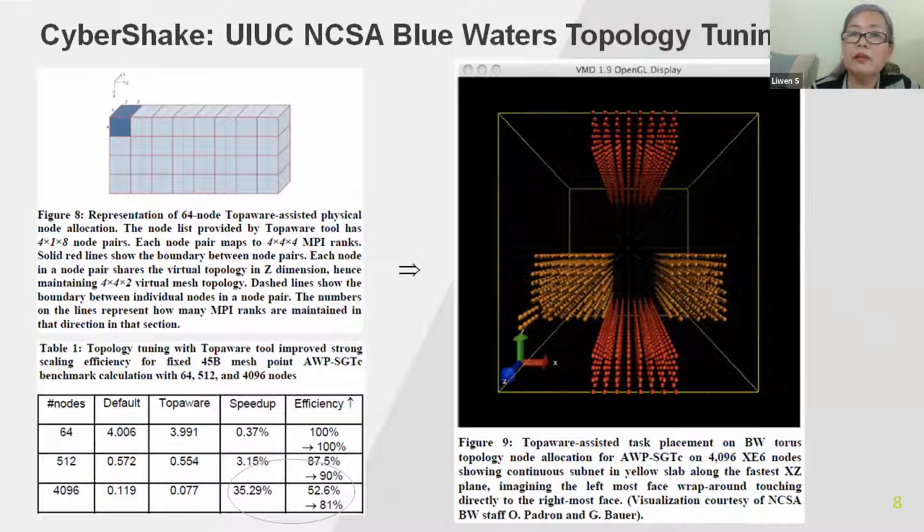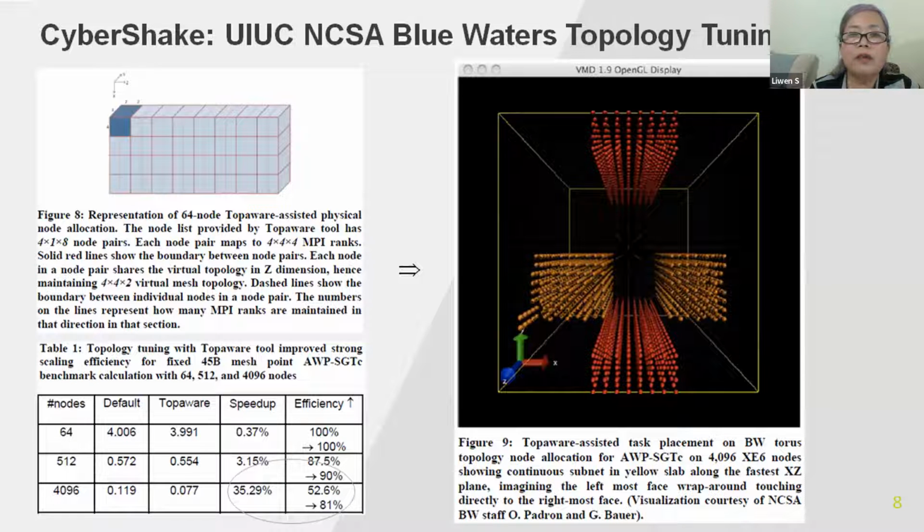In 2012 and 13, I was able to help this CyberShake code, and I was improving the performance for 1/3 of the computation by arranging the computation to assign workers on the supercomputer cluster to minimize the network fragmentation. So by using this, I can reduce 1/3 of the cost.